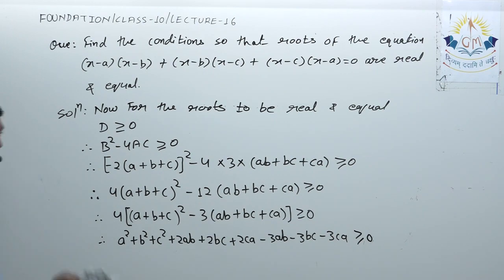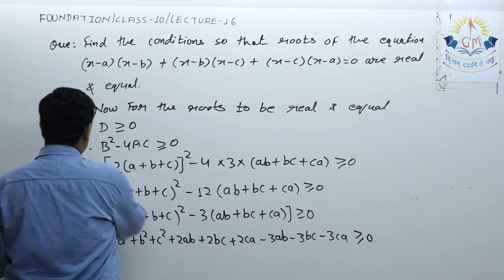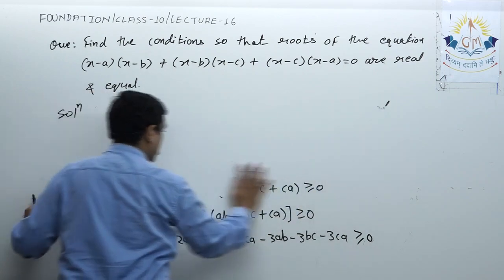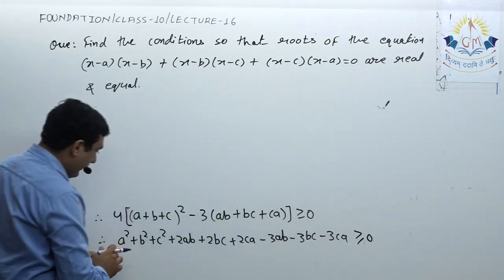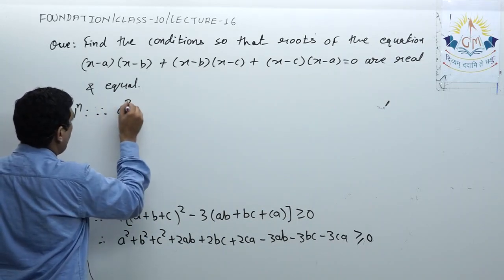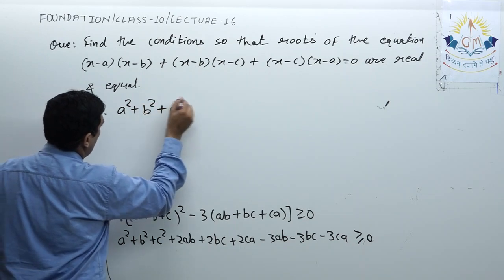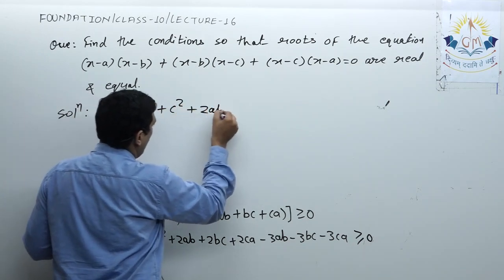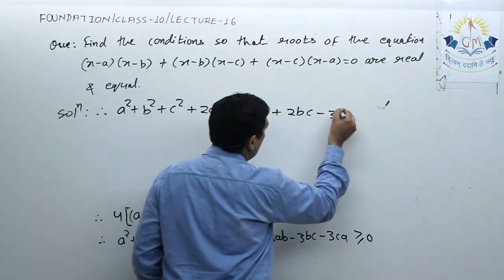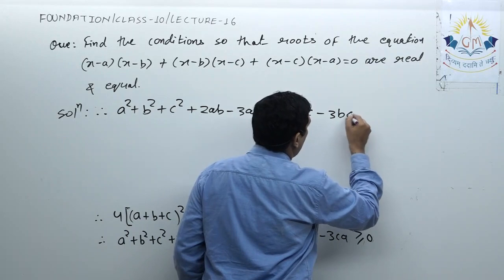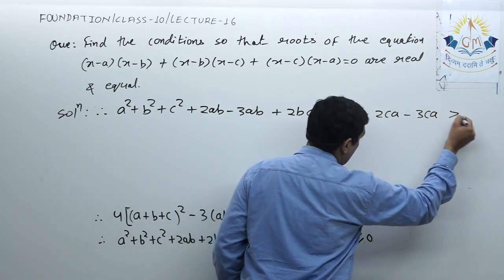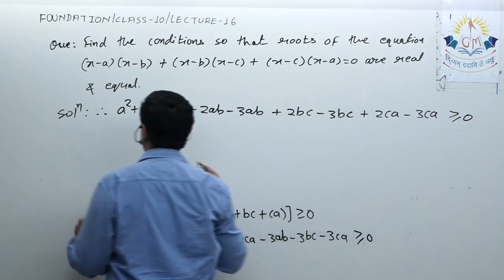Okay, now let us see how to solve it further. If I simplify this, I can write: therefore a square plus b square plus c square plus 2ab minus 3ab plus 2bc minus 3bc plus 2ca minus 3ca greater than or equal to 0.